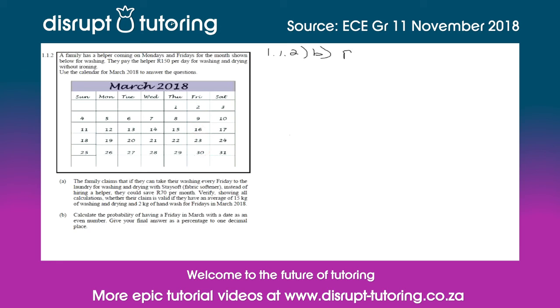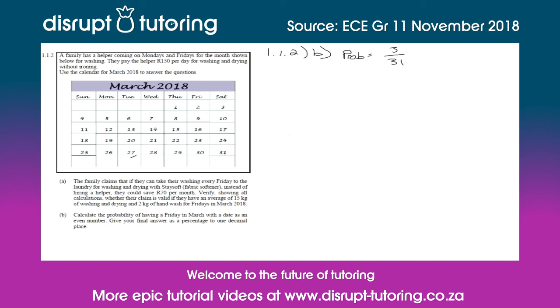So therefore our probability will equal the 3 days. So that's the 3 over the total of 31. So remember, probability is the number of chosen events or specified events out of the total amount of events that can occur.